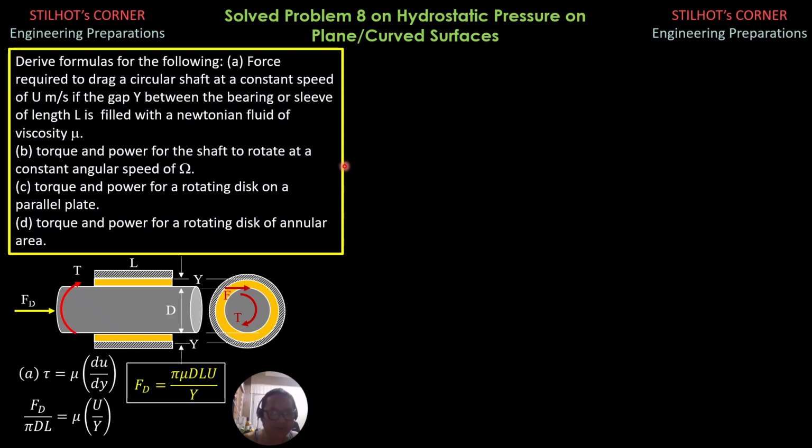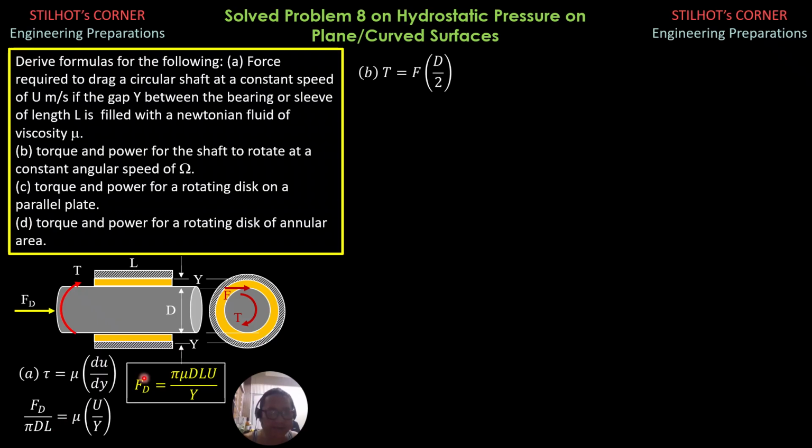So for torque, T equals F times D over 2. F is mu times area. The area is still pi D L, although it's rotating here. This is the rub surface area, the surface area of a right circular cylinder, pi D L.